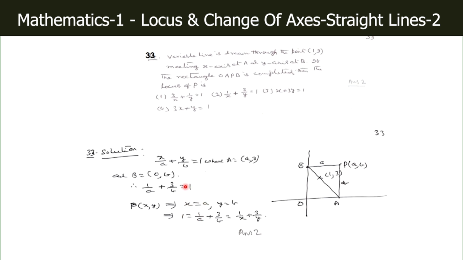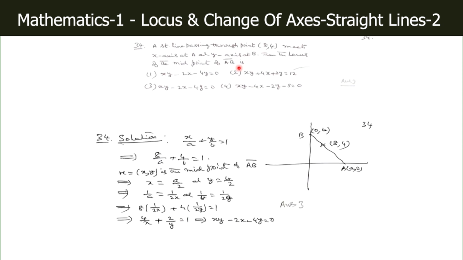If you substitute these values in the above equation, 1 by a plus 3 by b equals 1, you get 1 by x plus 3 by y equals 1. So the locus of the point P is simply 1 by x plus 3 by y equals 1, which is option number 2.